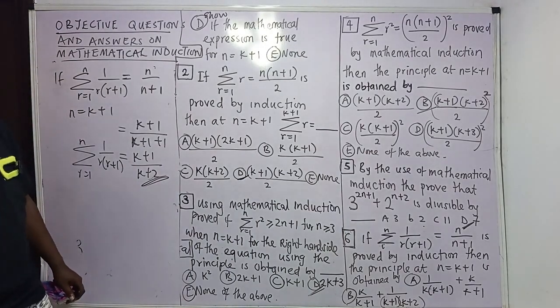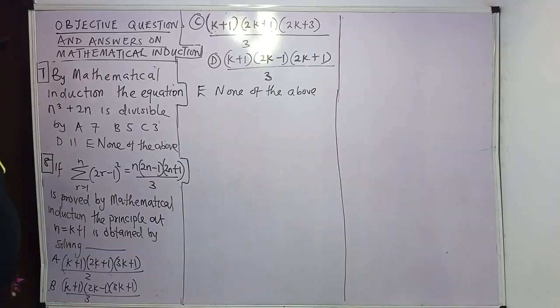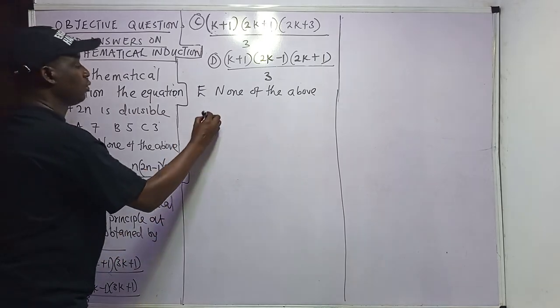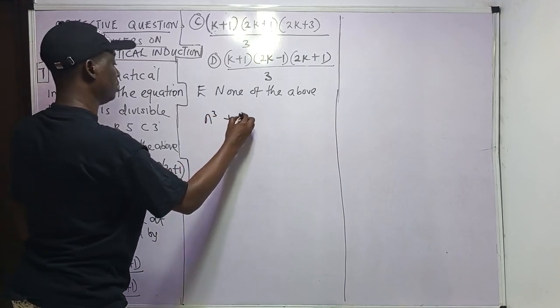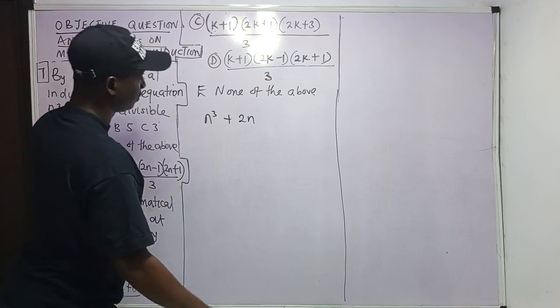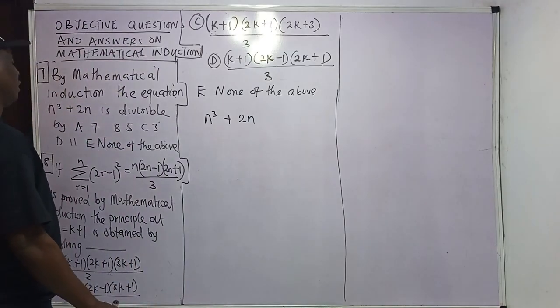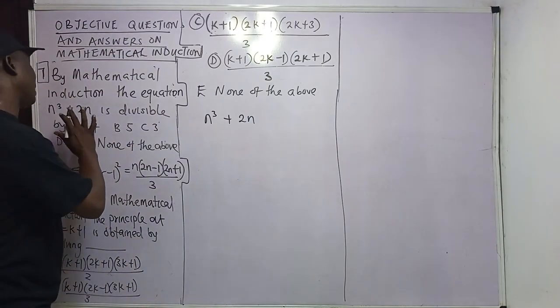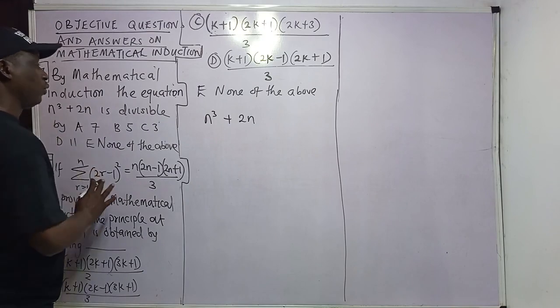We go to number 7. By mathematical induction, the expression n cubed plus 2n is divisible by dash. We have solved it normally in our earlier video, so go and check it.